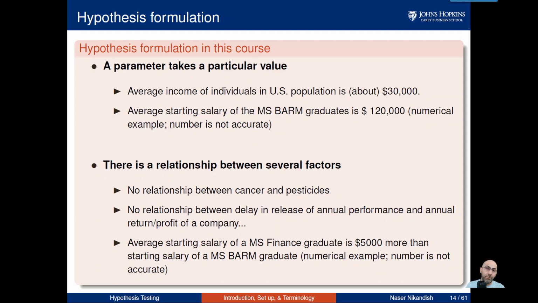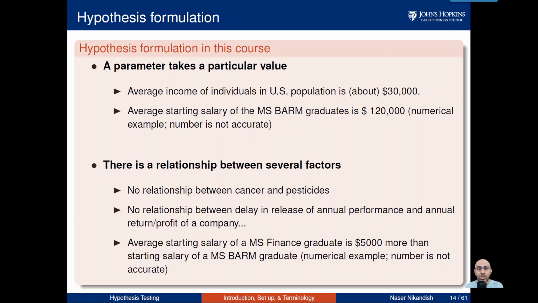In that forest, you haven't measured every single tree, so you don't know the average. So mu for that population is unknown. So we want to test, can I say mu is equal to 100, versus mu is not equal to 100? This is one kind of hypothesis testing we are going to do.